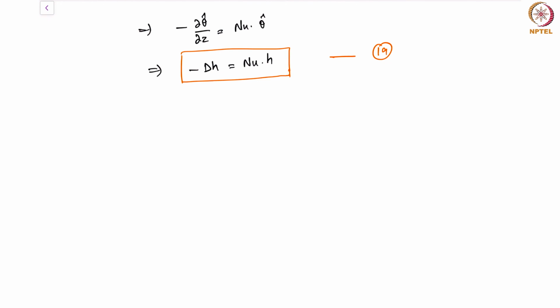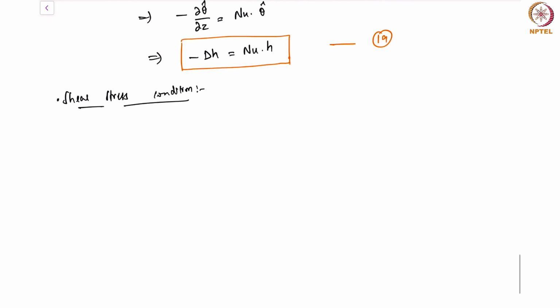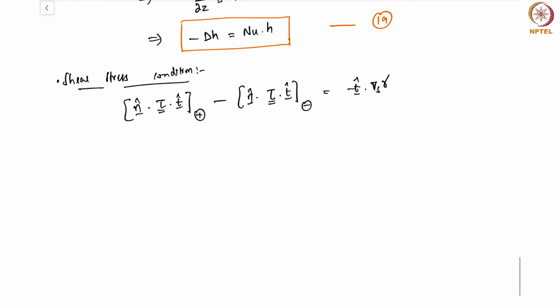So the idea is, we have shear stress condition. The shear stress condition, recall we said n dot tau dot t plus minus n dot tau dot t minus, this is minus t hat dot del s of gamma, right?